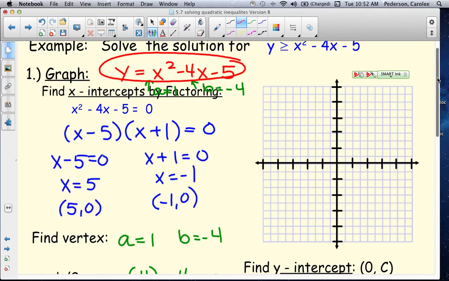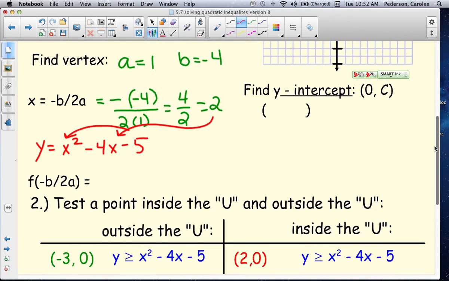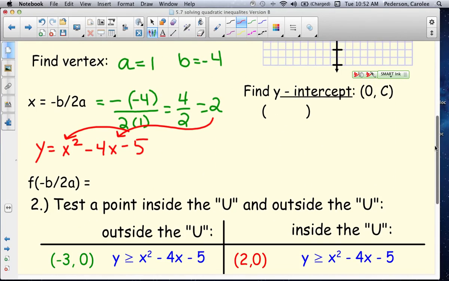So I'm going to substitute into that red equation. So I get 2 squared minus 4 times 2 minus 5. So 2 times 2 is 4. -4 times 2 is -8. And then minus 5. So 4 minus 8 is -4.